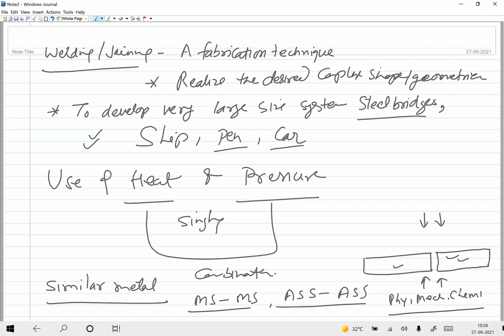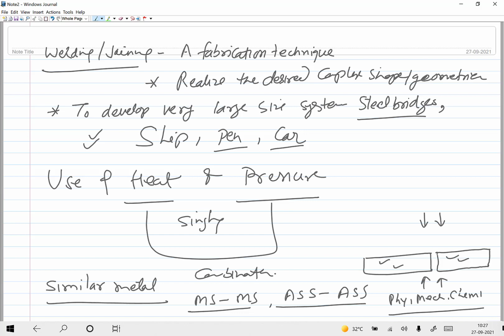The expansion of one part will be similar to the other part. Mechanical properties, their weakening will be the same in both components, or strengthening will be the same, fusion will be the same, deformation will be the same.